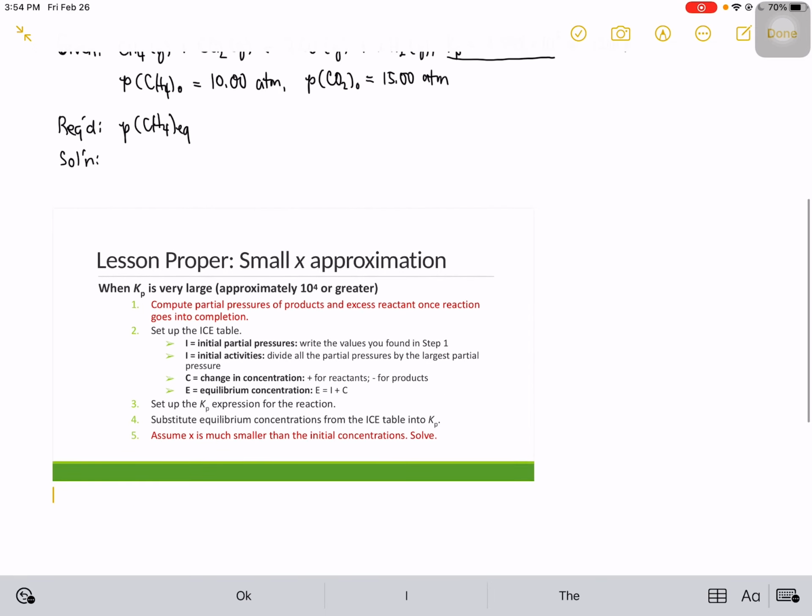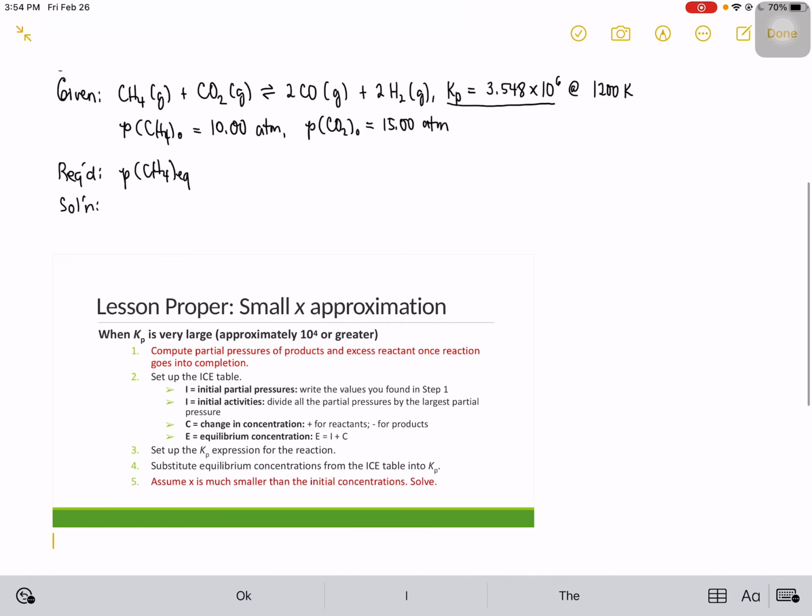Now for this one, we have the following. If you look carefully at our given pressures, methane is 10 atmospheres, carbon dioxide initially at 15 atmospheres. For all of the methane to be used up as the limiting reactant, it would only require 10 atmospheres of carbon dioxide to react with it, but we have here an excessive amount, which is 15 atmospheres.